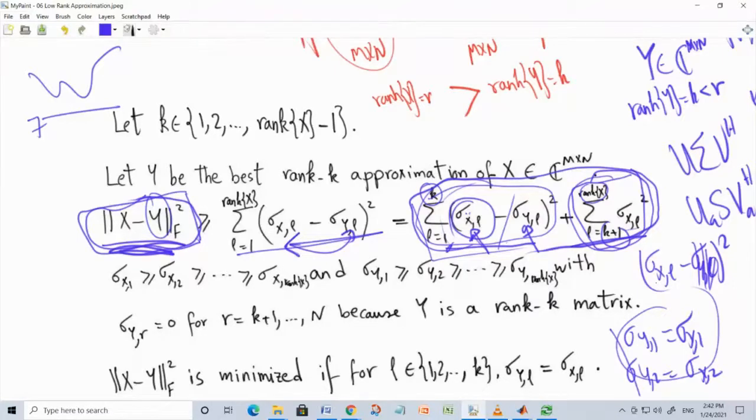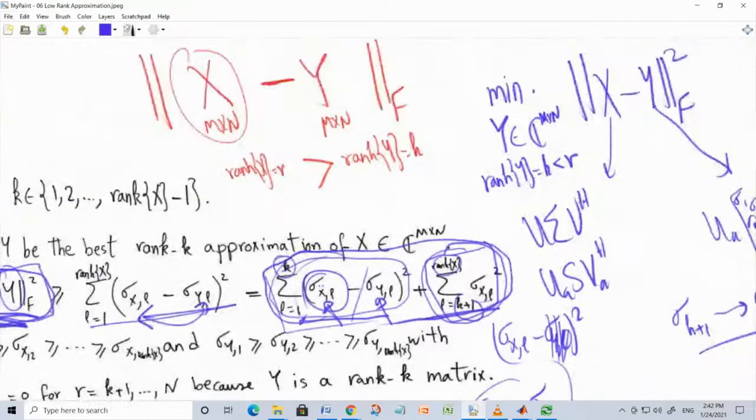To show that this is a solution, we need to show that the lower bound is achievable, which means that we need to show that there is a Y that can be chosen, a full Y matrix, not just its singular values, we also select its right and left singular vectors, and we show that this will allow us to achieve the lower bound. It turns out that it's easy, as I said at the beginning.